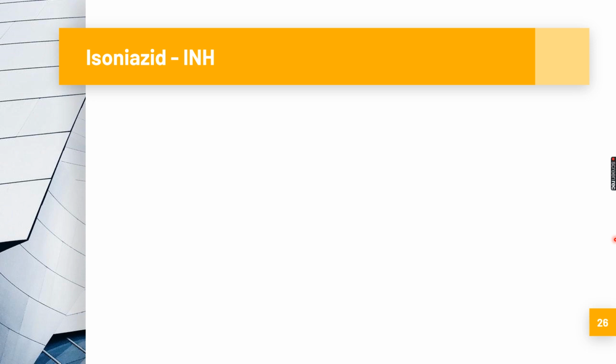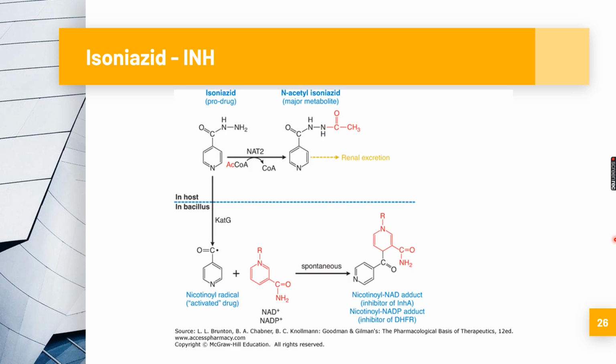The next is isoniazid. So we have this drug isoniazid. When it enters the bacillus, it is activated by the KatG enzyme as a nicotinoyl radical, which then spontaneously combines with NAD+ or NADP+, forming a nicotinoyl-NAD adduct or nicotinoyl-NADP adduct.